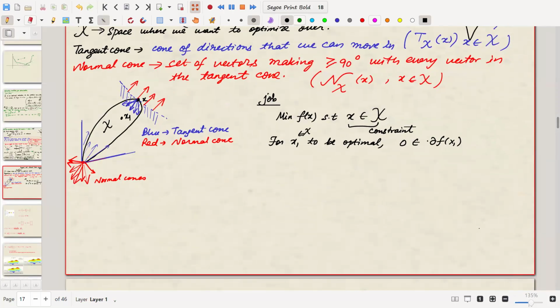Now let us take x2. Suppose this point here is x2. Let us take the optimality condition for x2. When can x2 be optimal? You know how x1 can be optimal. Now my question is how x2 can be optimal. What should we do?